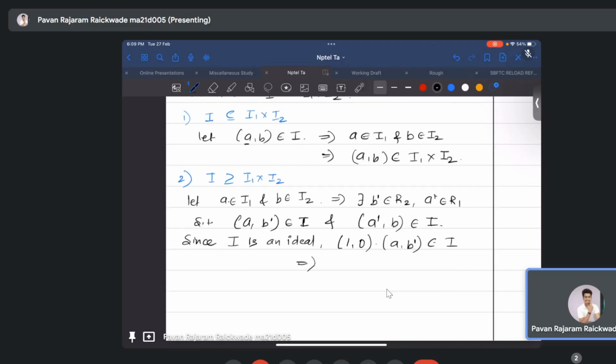What is this? This implies (A, 0) belongs to I.